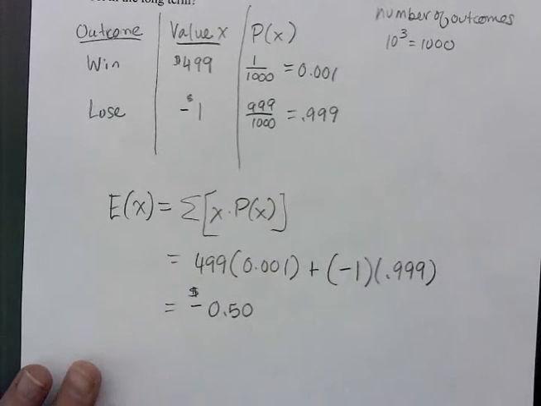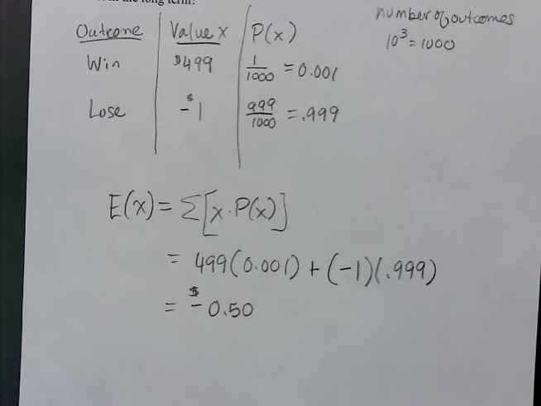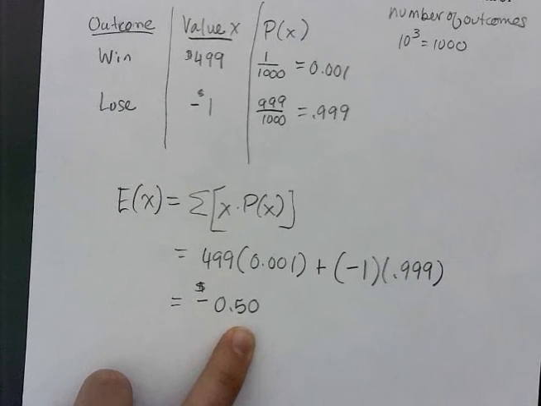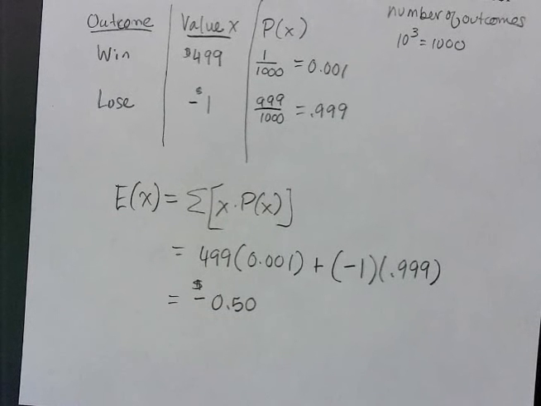So what's the interpretation of this? Well, obviously this isn't an outcome ever if you play this game. You're either going to win or you're going to lose. You're never just going to lose 50 cents. The interpretation is negative 50 cents, or $0.50. The way you want to think about this is it's an average. If you play this game many times, eventually you're going to win. But what are your average winnings? Because you've played it so many times, on average you're going to lose 50 cents per game.